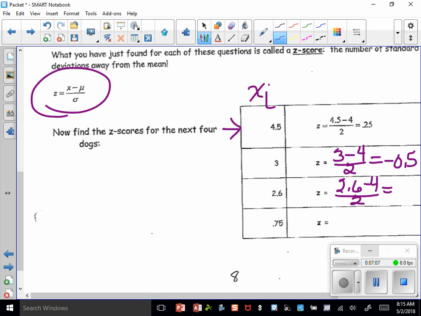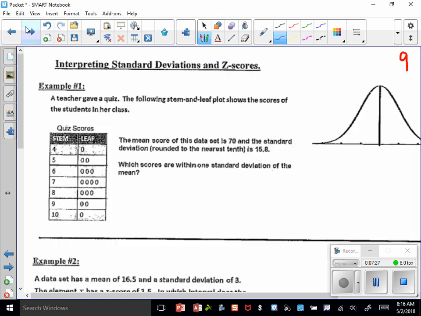That's going to give me a negative 0.7. And this obviously is just for practicing purposes. And then we have 0.75 minus 4 divided by 2. That's going to give us a negative 1.6 something. Okay. All right, let's move on to the next page. And that's just practicing using the Z-score formula.